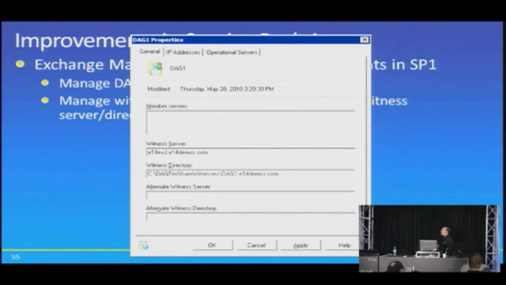These are secondary witness servers and directories that are used in site resilience scenarios. Okay, so after you've activated a secondary data center, you need to point the DAG towards an alternate witness server. You can do that ahead of time by pre-configuring that alternate witness server, or you can pass that into the Restore-DatabaseAvailabilityGroup cmdlet when you're actually doing the site activation. But either way, we now have that in the GUI as well, and you don't have to go to the shell to configure a simple configuration item.